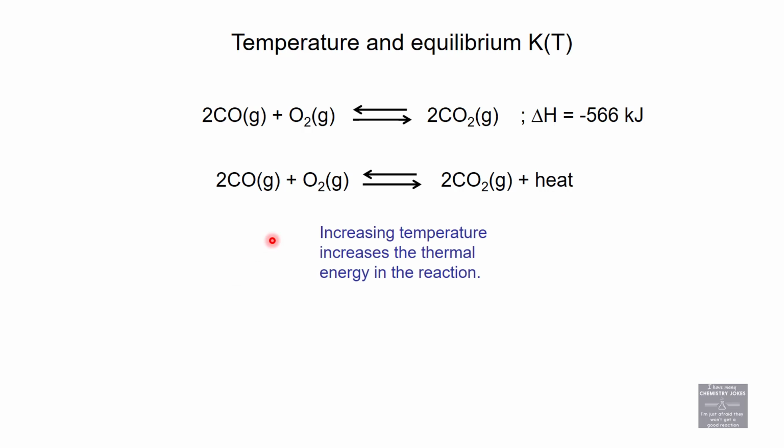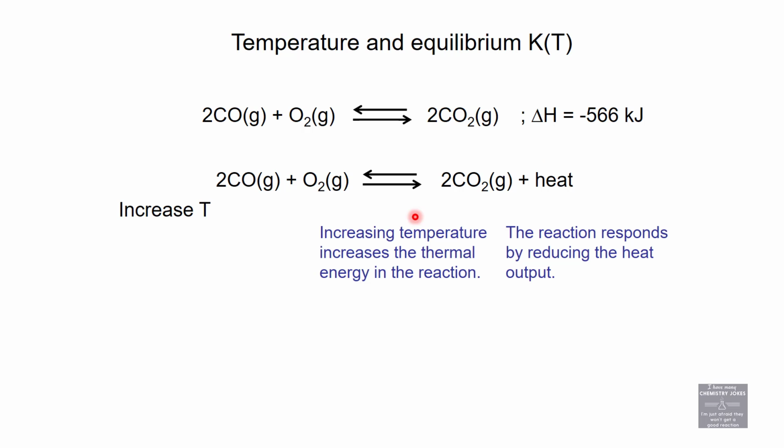If I increase the temperature, it increases the thermal energy, meaning I'm adding more heat to the reaction, just like adding a product. All reactions respond by trying to reduce the heat. Because this one is exothermic, if I increase the temperature here, equilibrium shifts to the left toward reactants to try to decrease the extra heat that I've added.